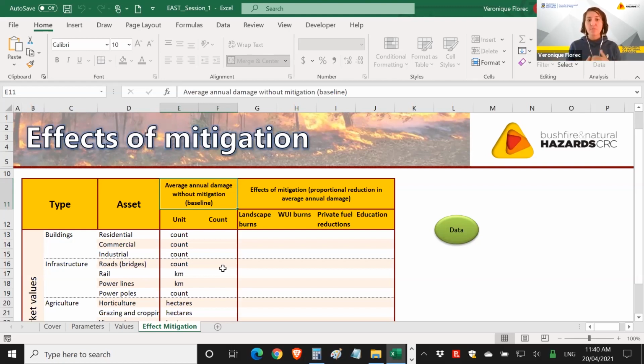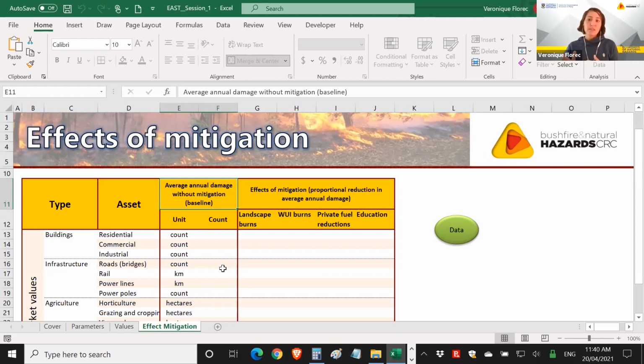If you have, for example, no prescribed burning at all, it will be an area where the fuel loads are extremely high, because if you haven't prescribed burned ever in that area, there are only, let's say, uncontrolled bushfires that will have reduced the fuels in that area. So that could be one scenario.